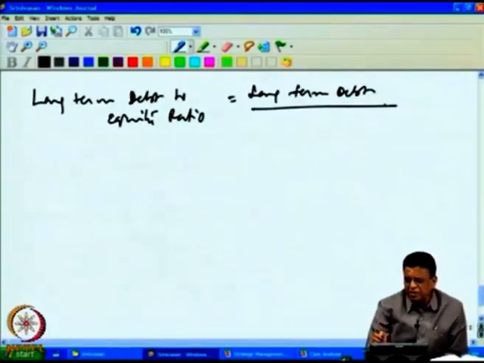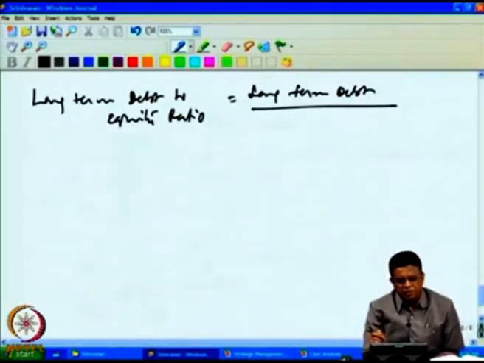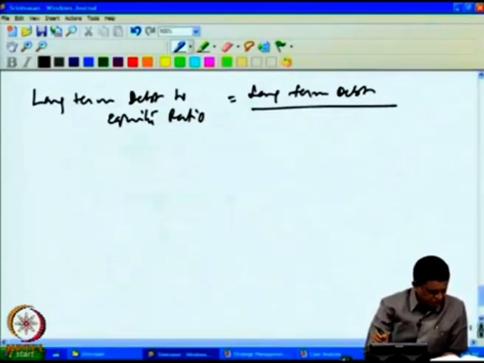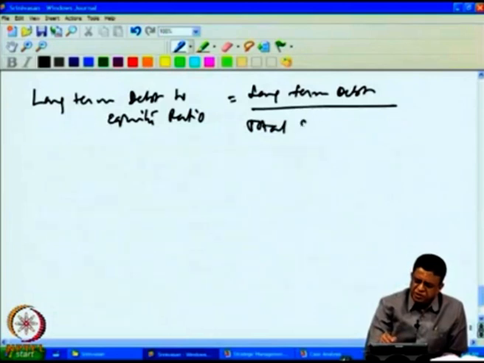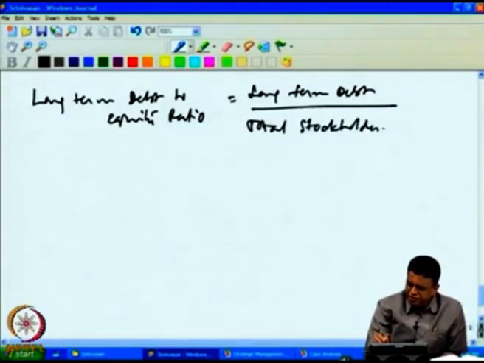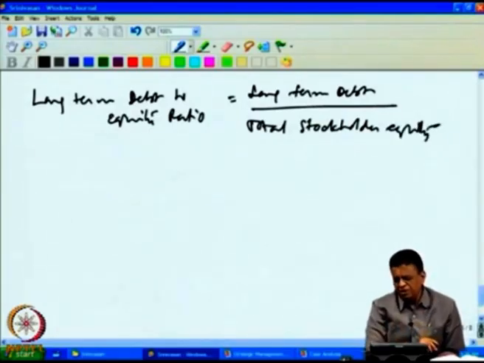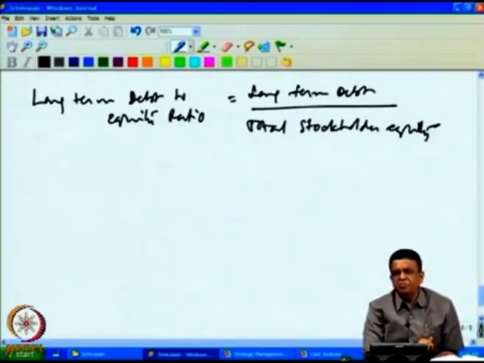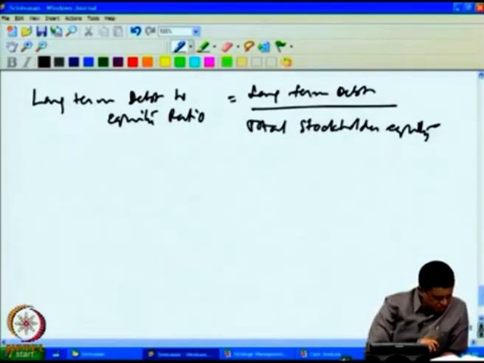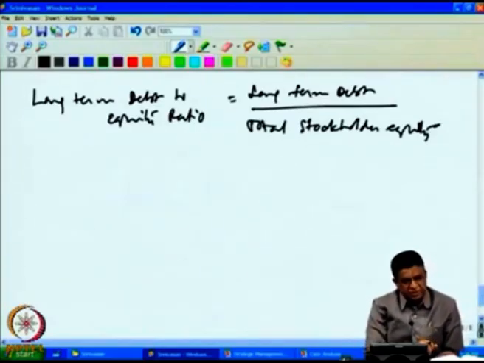There is a certain moratorium also available to the company. For 1 or 2 years the company need not make any return on this. This is calculated by the formula long term debt divided by the total stockholders equity.